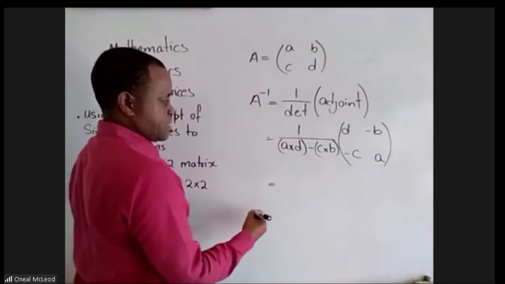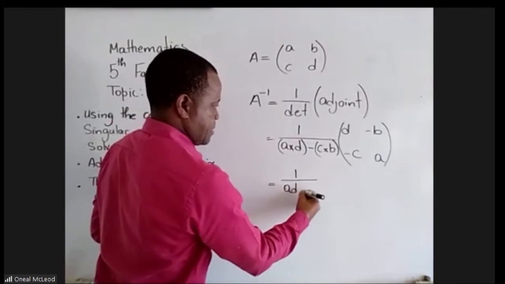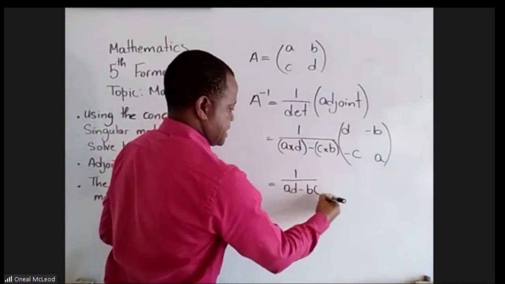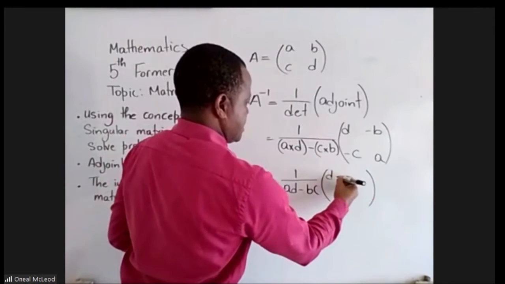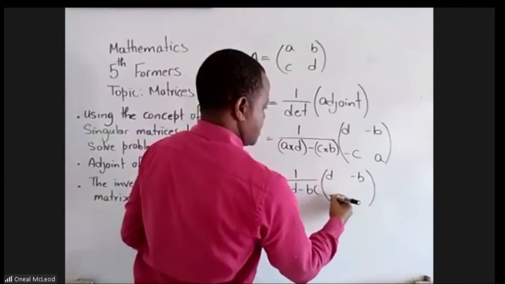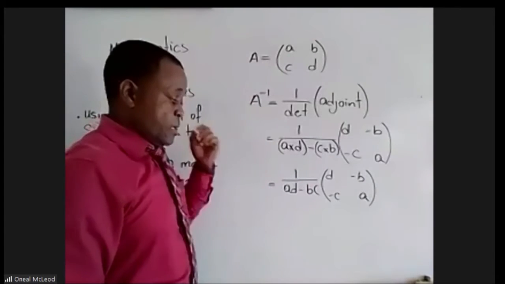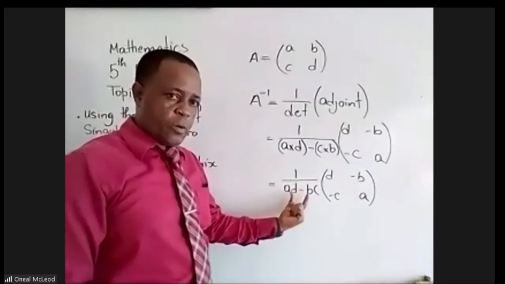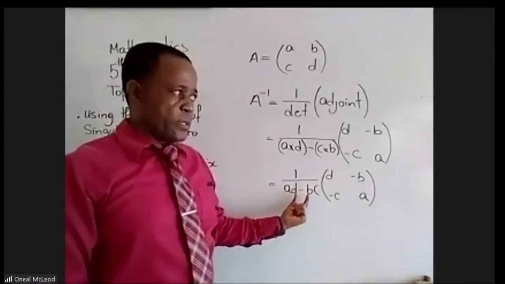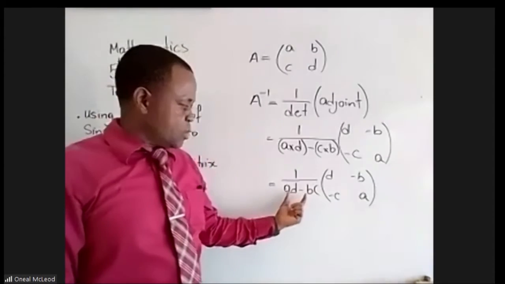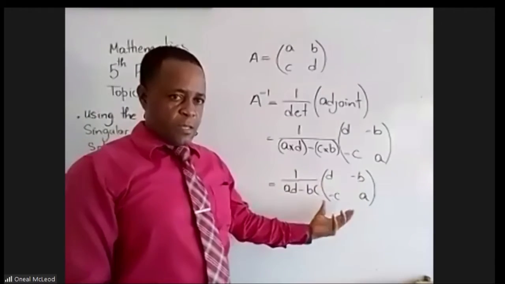So here we have it, 1 over AD minus BC times the adjoint, which is D, negative B, negative C, and A. Now we have our scalar quantity. And remember, when there's a scalar quantity, we use it to multiply each term inside the bracket.